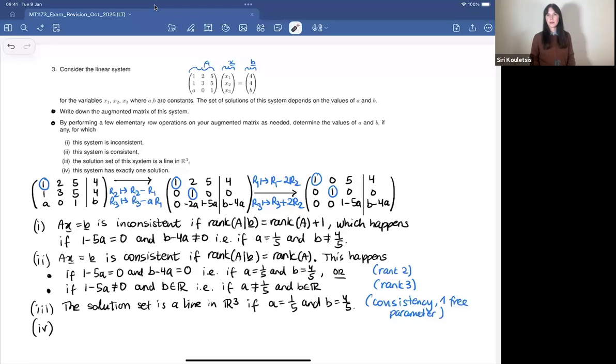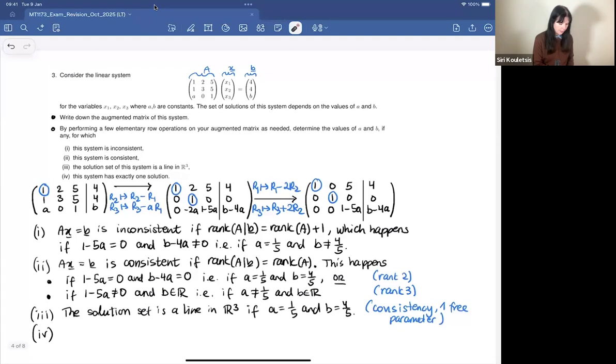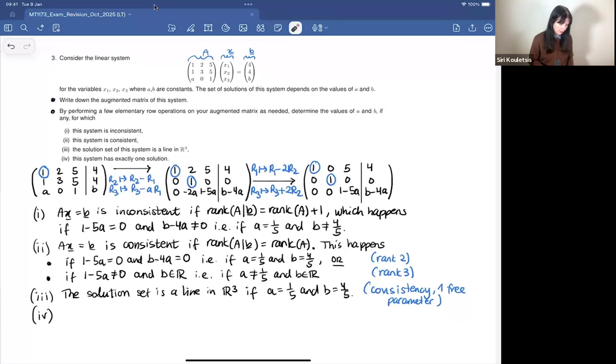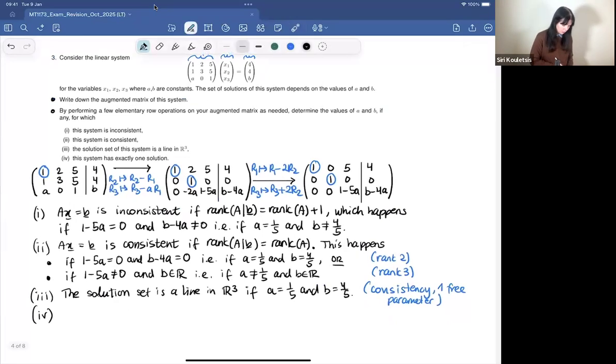In this case, it's a 3 by 3, so it's a square matrix, so then A is invertible, and we have a unique solution. But more generally, for a non-square matrix, then we have full column rank and consistency, then there is a unique solution. So I mean that A has full column rank.